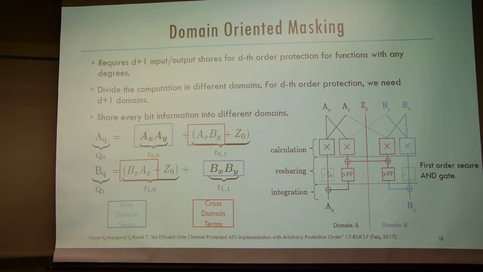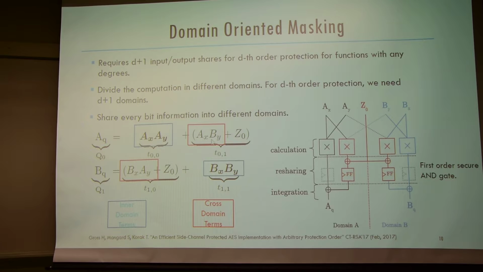So if we write out here, we have this domain A on the left and this domain B on the right. And this Z0 is a random number. So if we write out the function for this AND, it will be these 4 terms.